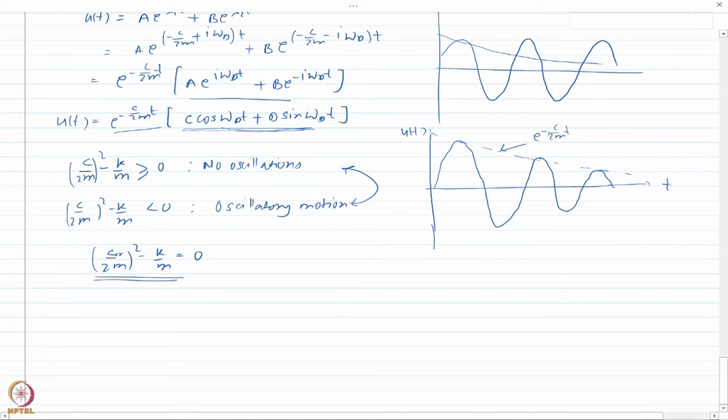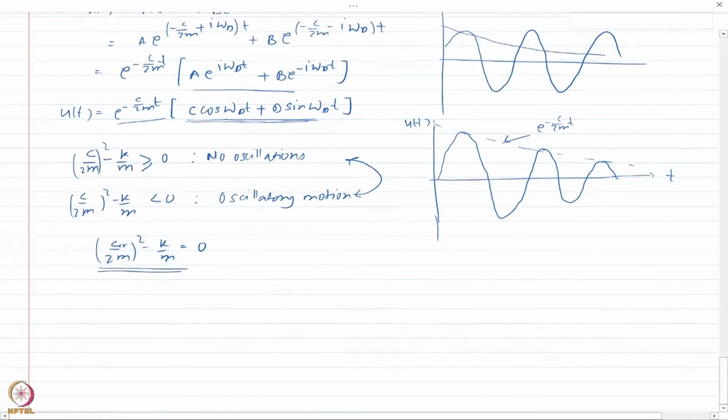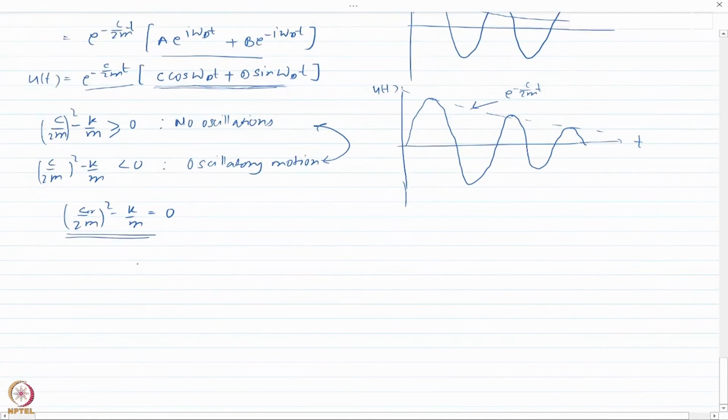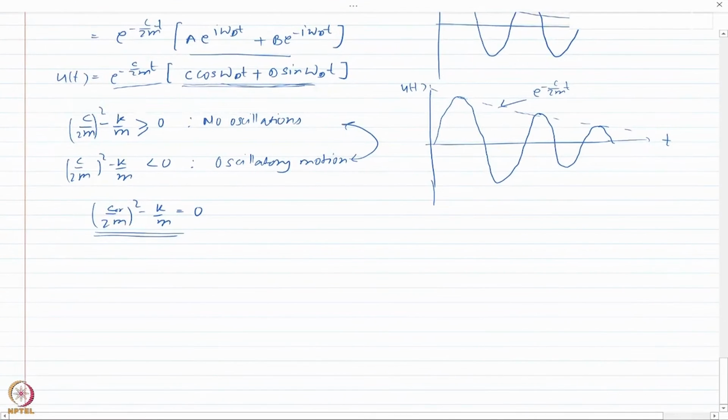So at this critical value of damping, you see the transition from oscillatory to non-oscillatory motion, and I need to find that value of the damping coefficient. So I'm going to equate it to 0, and that gives me the value of C critical as 2m times the square root of k by m.